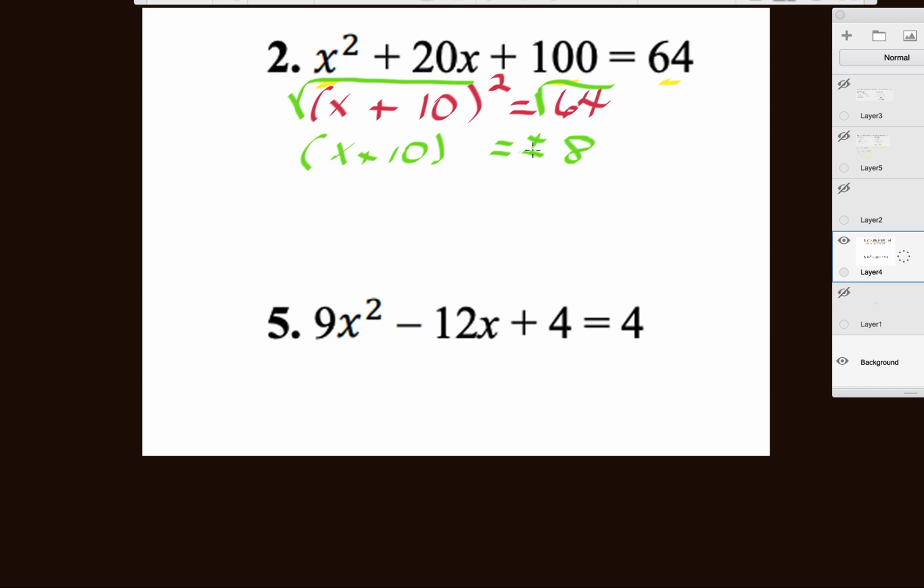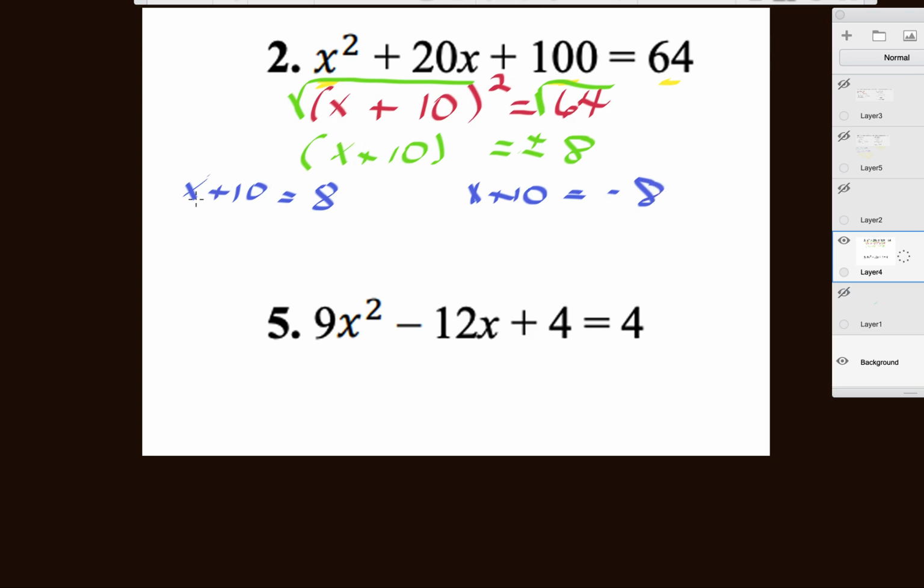Okay, so this can be solved because this is a rational number here. This is a number we can do the math with. So let's go ahead and solve these two equations. We solve x plus 10 equals 8, and x plus 10 equals negative 8.